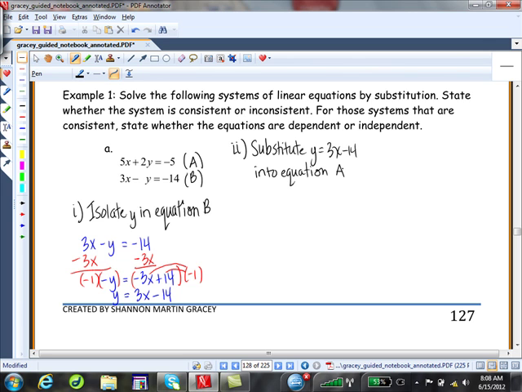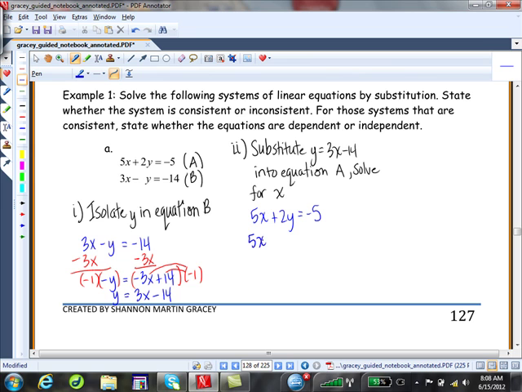And this is going to enable us to solve for which variable? Good, we'll be able to solve for x. So it starts out as 5x plus 2y equals -5.